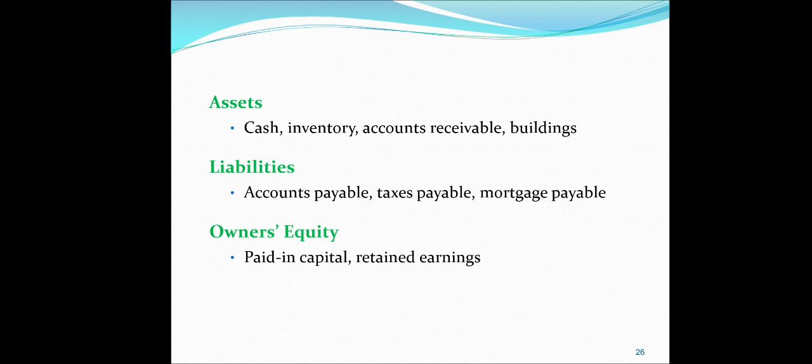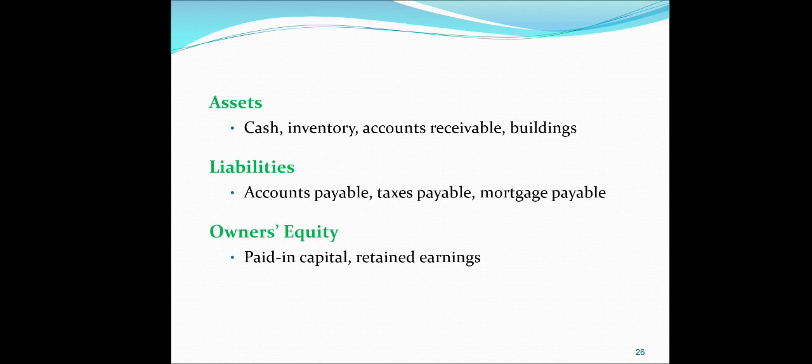So building, and also land and many equipment and furniture, are called non-current assets because they are useful for more than one accounting year, for more than 1 year. Okay, remember that. Assets, the simple definition is resources owned by a business. Or sometimes we can say that assets are the things that will benefit a business in the future.